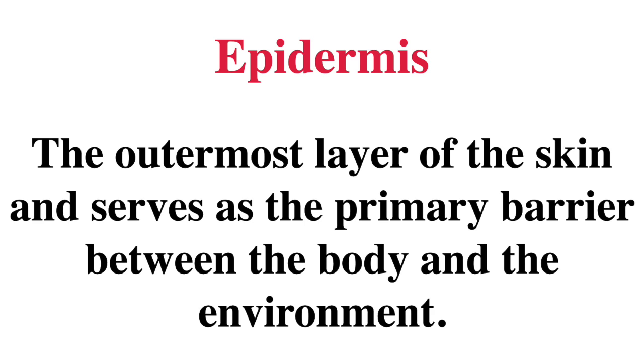Now, obviously, it's important that you know that the epidermis itself is divided into 5 distinct layers, but we're not going to get into that just yet, but you do need to know what the epidermis is.